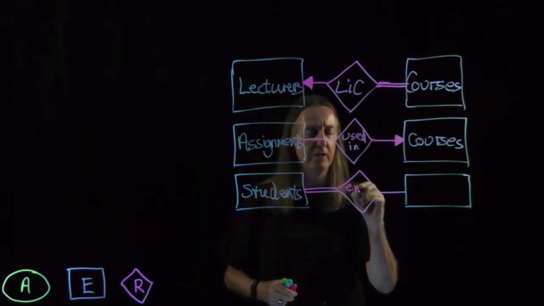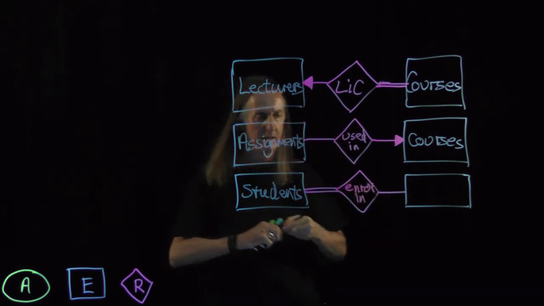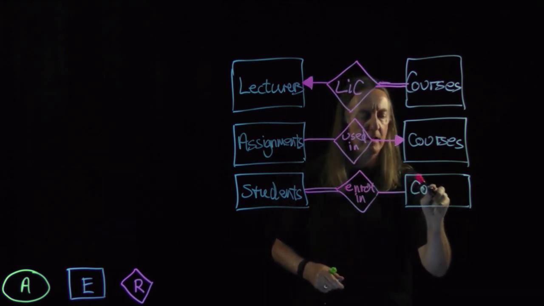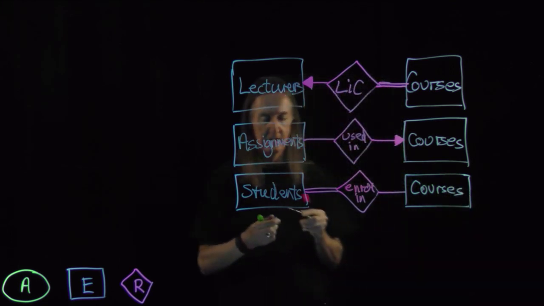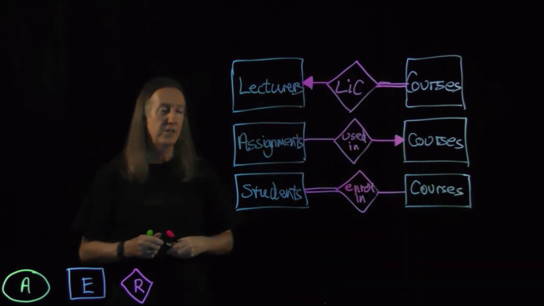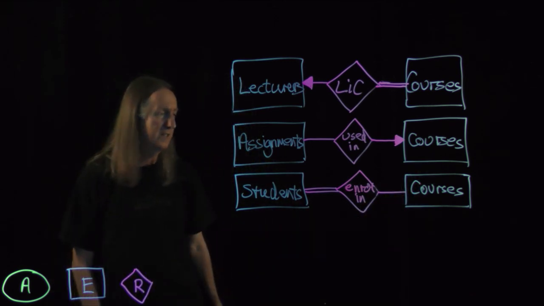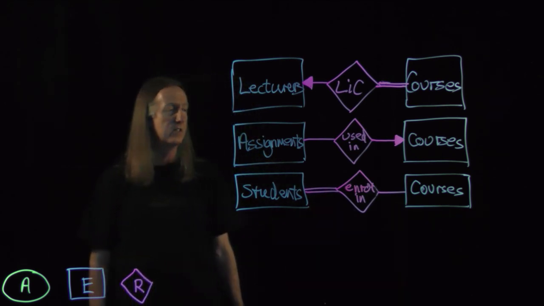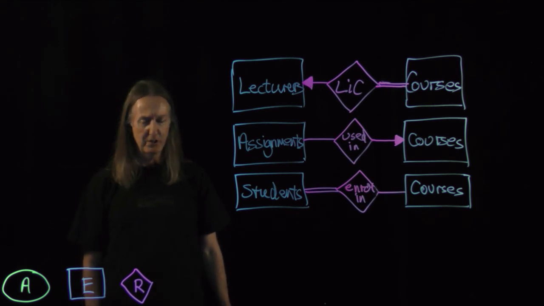But students enroll in courses. Okay, so a student may enroll in several courses, obviously, to complete a degree, and generally a course will have more than one student in it. So that's going to be a many-to-many relationship as well.